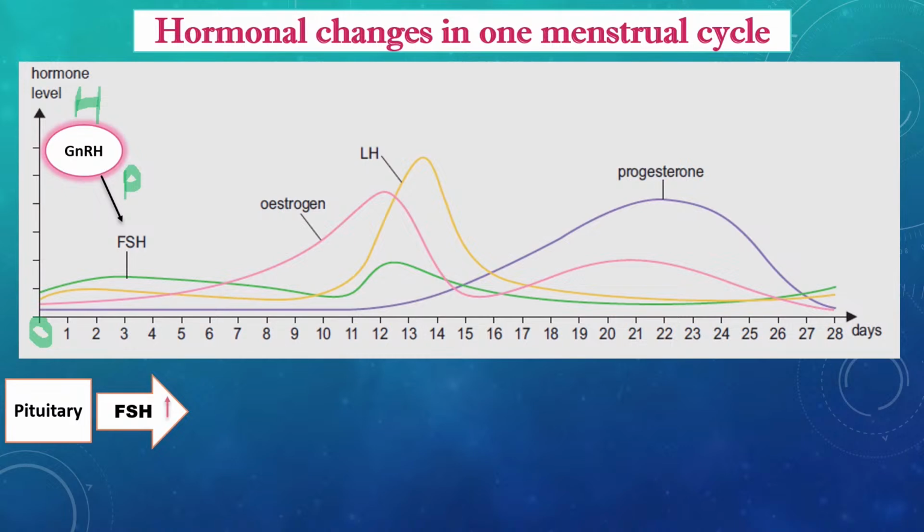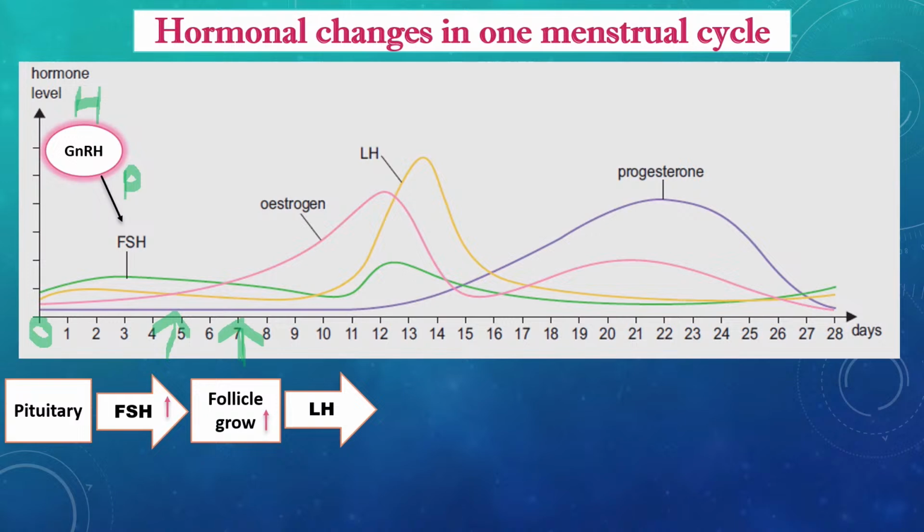When FSH is increasing in concentration, it will increase growth in the follicle. The higher the FSH, the more follicle growth. So I've shown you here the relationship. FSH is high, the follicle becomes bigger. Now it continues to grow, and this growth will continue to secrete LH, your luteinizing hormone.